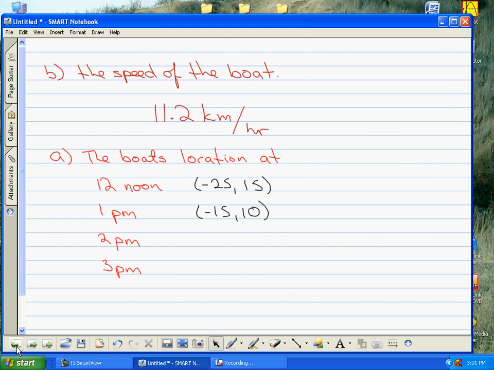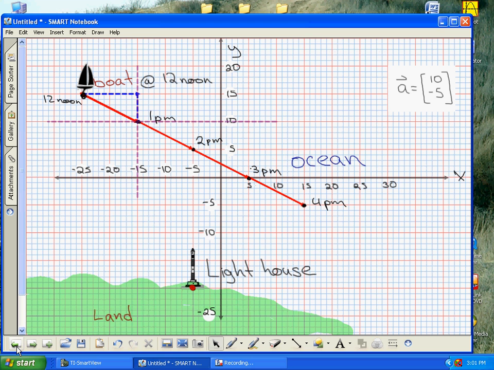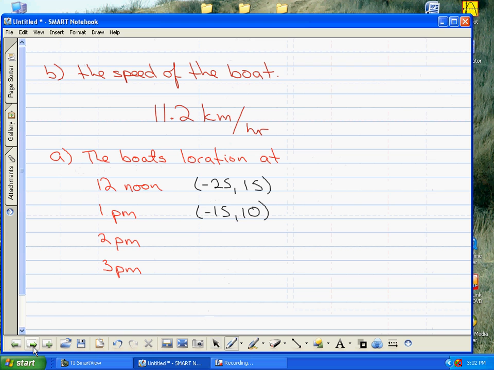At 2 p.m., here's where we cross. We are at negative 5, 5. So at 2 p.m., we are at negative 5, 5.